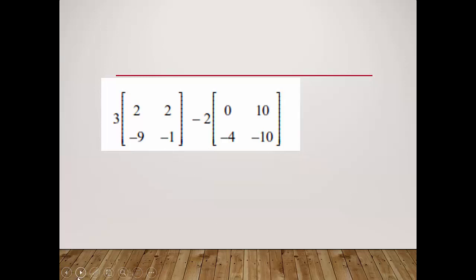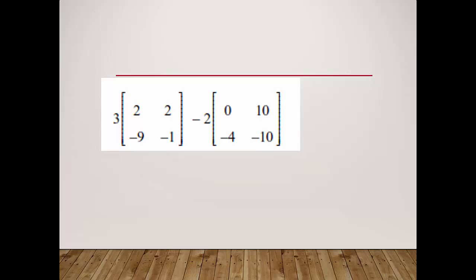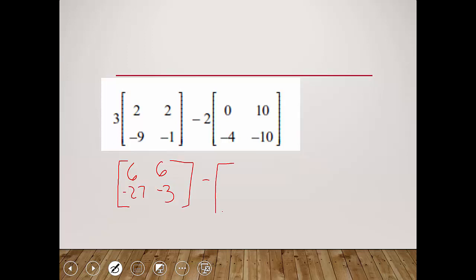All right, you also might have to deal with addition and subtraction and a scalar. Let's take a look at this one here. The first thing is we need to get rid of the scalars. So we're going to multiply everything by 3 in the first one, and then in the second one, we're going to multiply everything by 2.